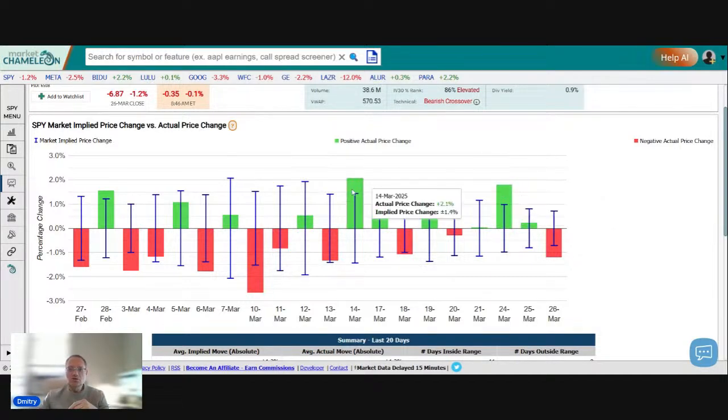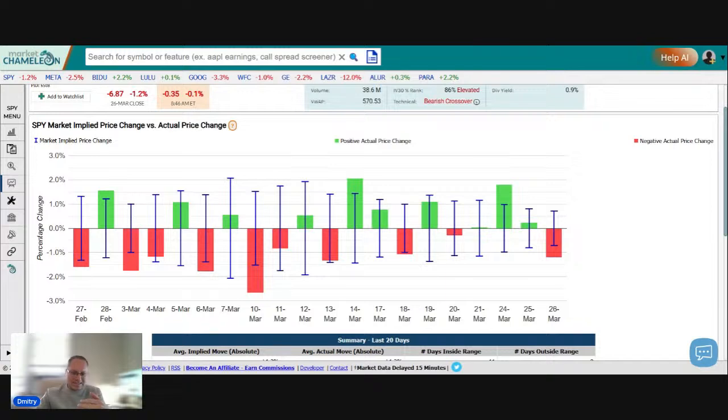We had at least 3 instances in our graph here where the move to the upside exceeded the straddle, but we had 1, this one's close, but 2, 3, 4, 5 moves to the downside that exceeded the straddles. So more frequent to the downside, but we see it going in both ways.